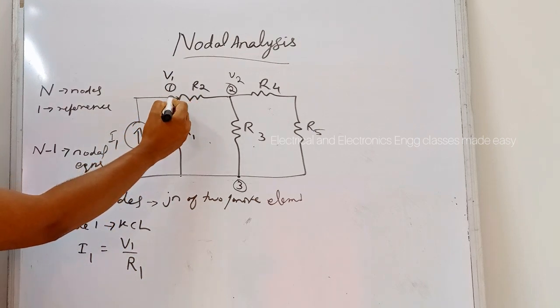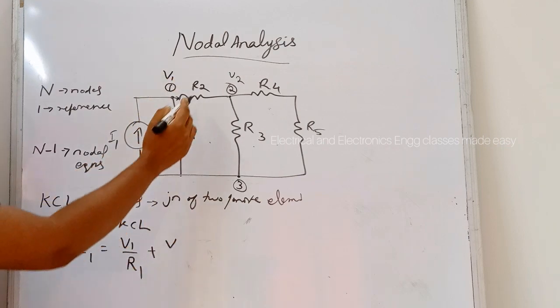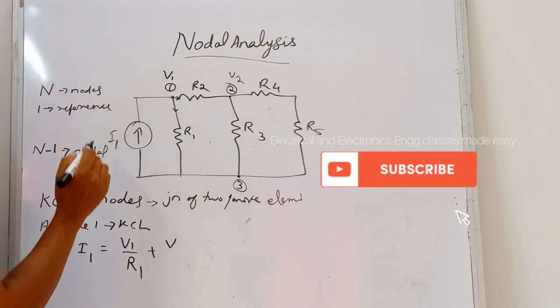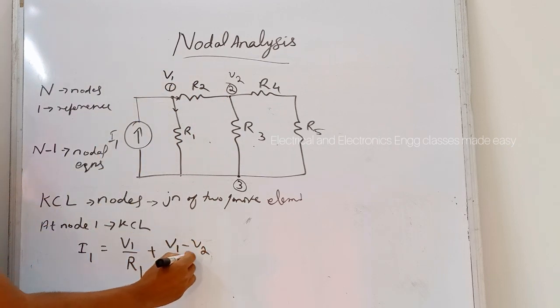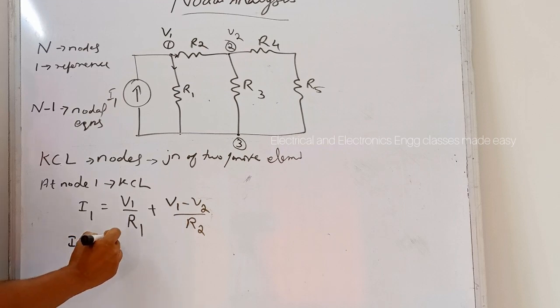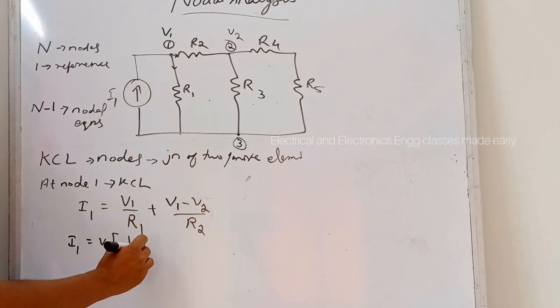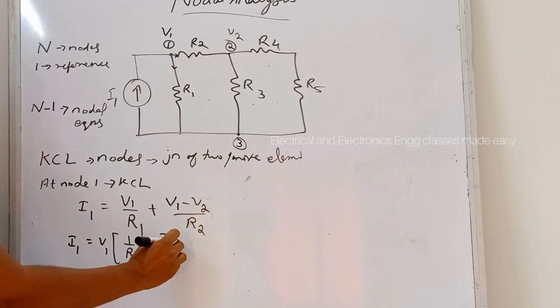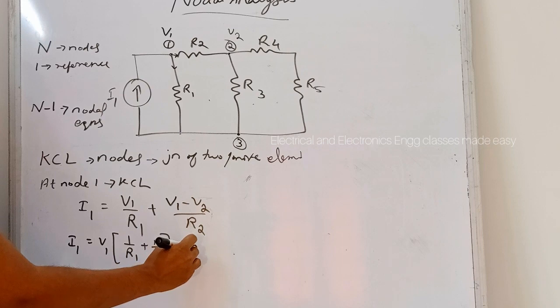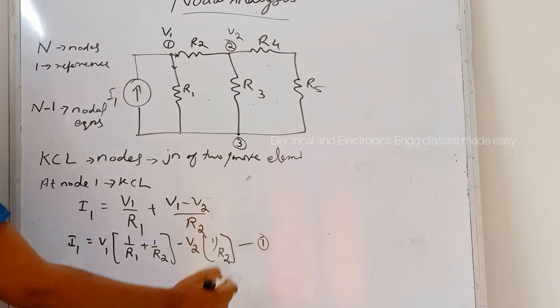R2 is between node 1 and node 2, so we write the voltage difference between these two nodes, V1 minus V2 divided by R2. We can write this as I1 is equal to V1 into (1 by R1 plus 1 by R2), minus V2 into 1 divided by R2. So this is the first equation.